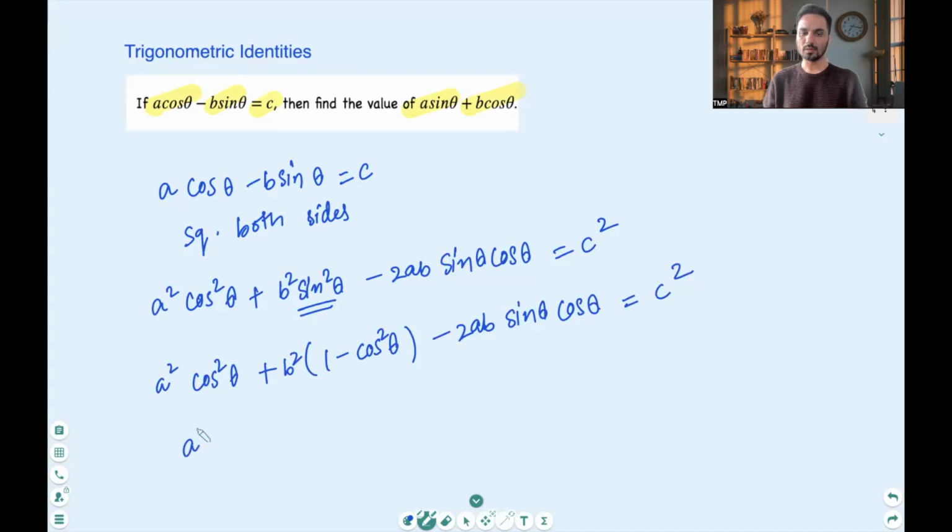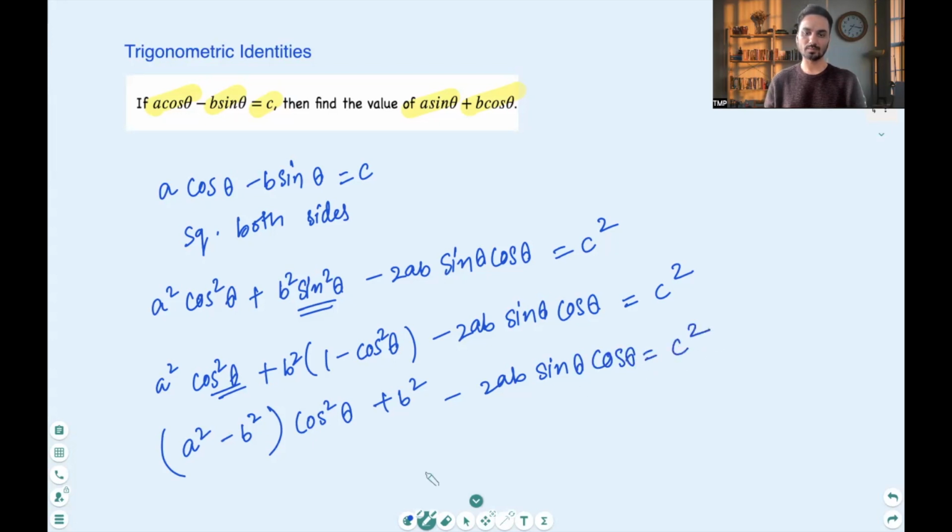Or we can club the cos square theta terms. So it will be a square minus b square times cos square theta plus b square minus 2ab sine theta cos theta equals c square. We can name this equation as 1.